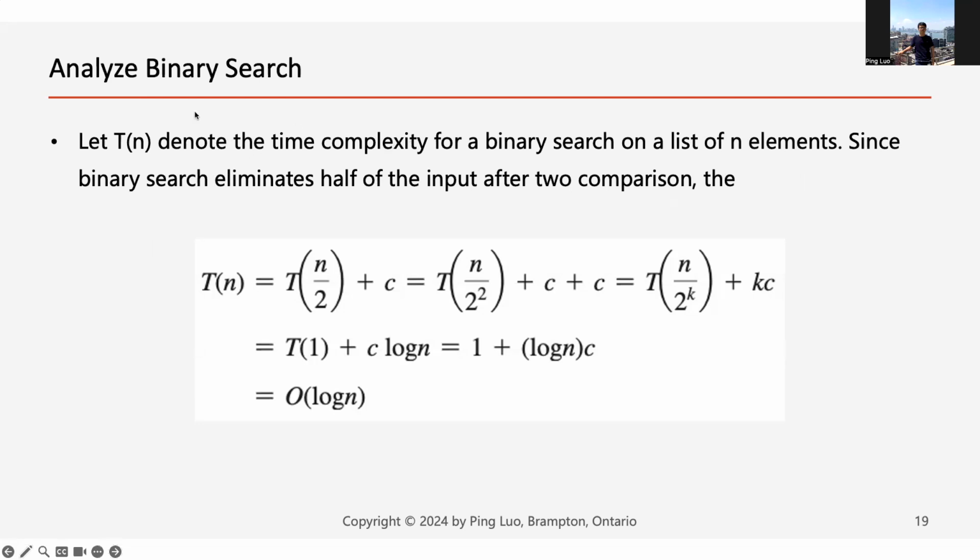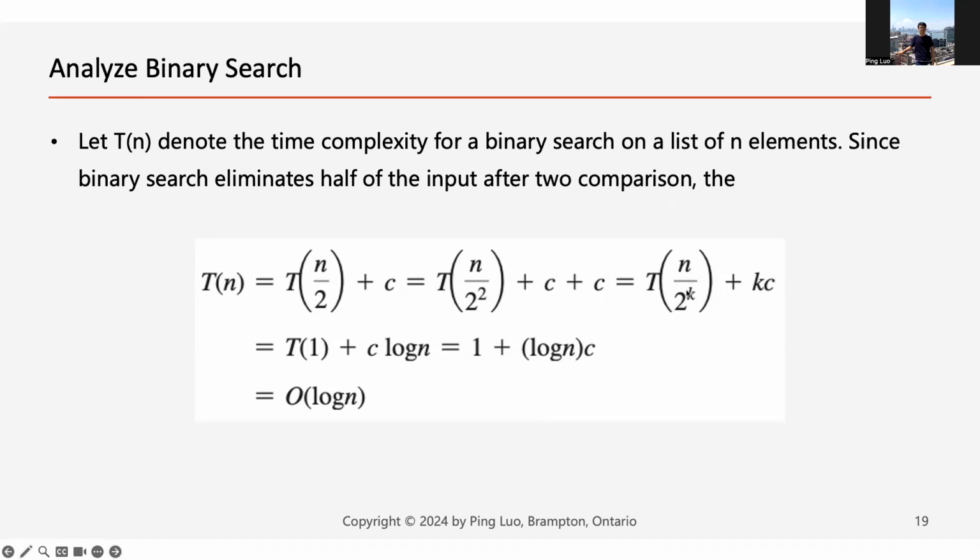Let's see another example. We talk about binary search, and this formula helps us determine its time complexity. Each time in binary search we divide the whole list of n elements into two parts, so assuming we can divide it k times, n should equal 2 to the power of k.